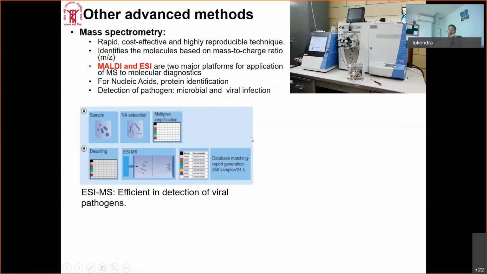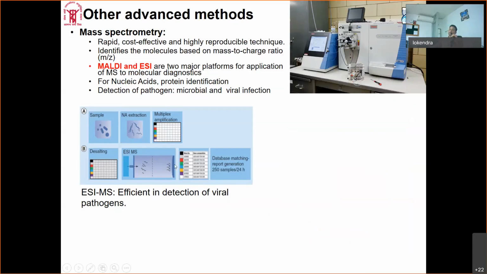Then you purify all those fragments, and individual fragments go to a particular setup in which they are first ionized, and then move to vacuum chambers, and based on their m/z ratio they are identified.